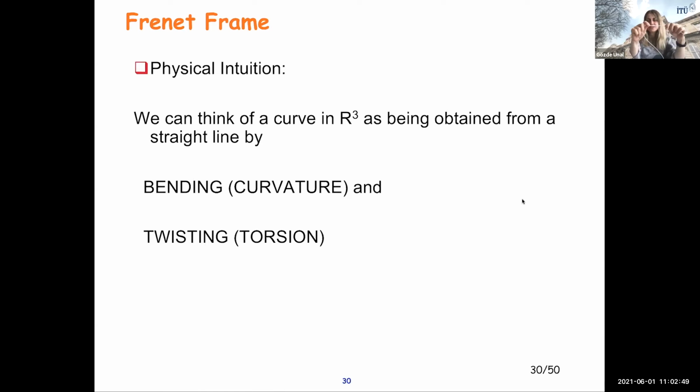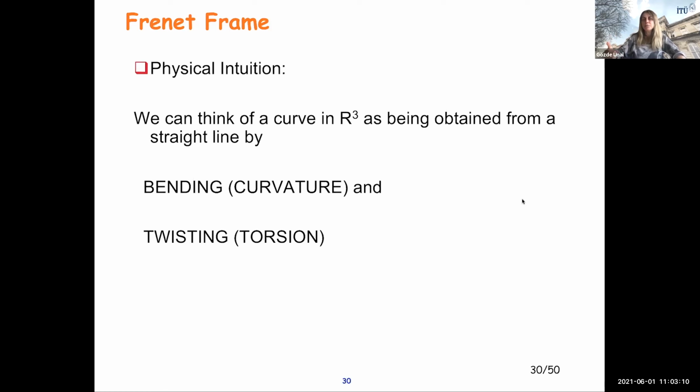Nothing changes. You introduce bending and twisting, so that is curvature and torsion and all those varying tangent, normal, and binormal vectors, and you start to obtain different arbitrary curves.